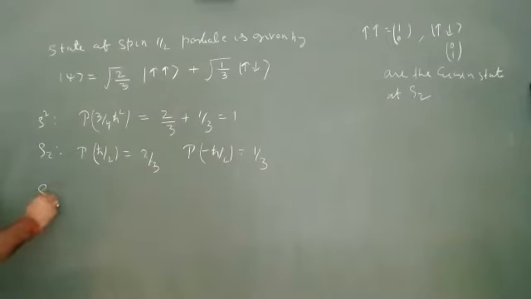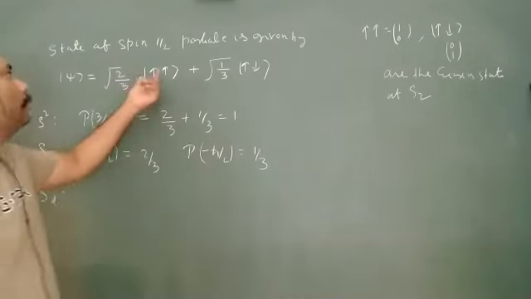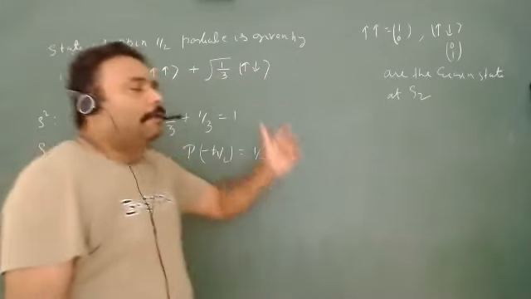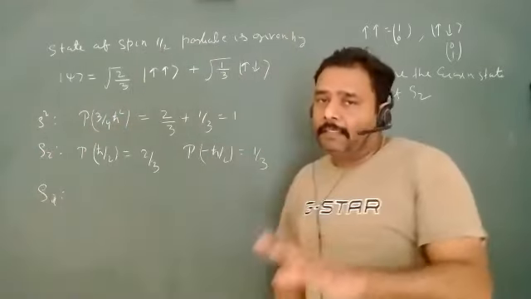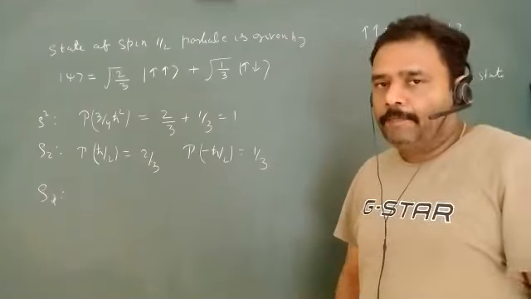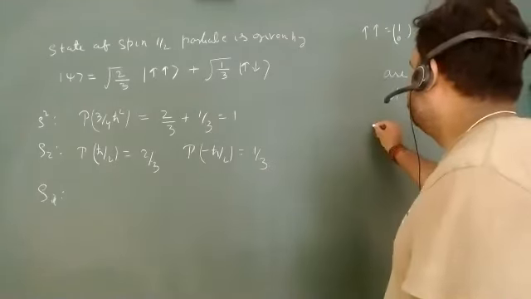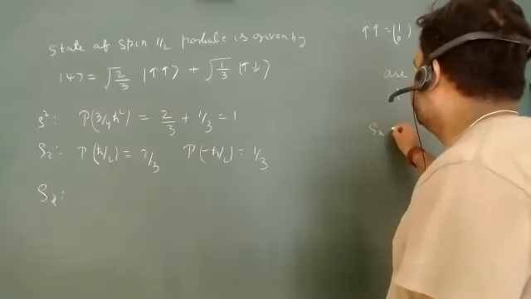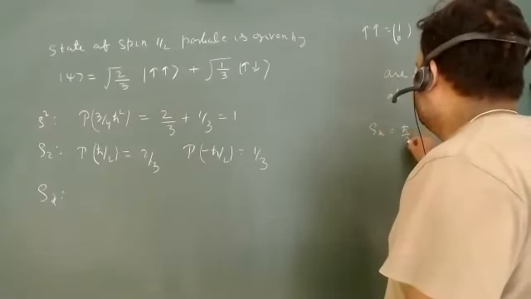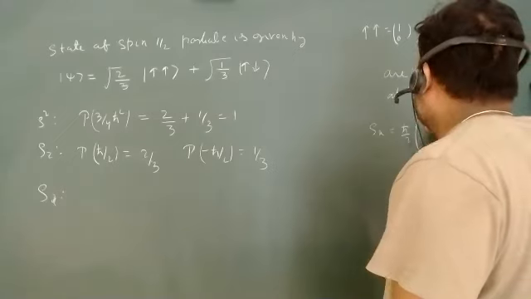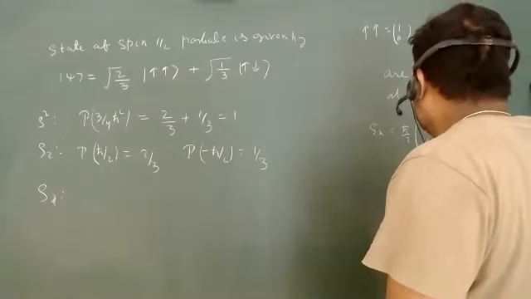So how will you measure the Sx? There are two ways. Either you write up and down in the basis of eigenstates of Sx. So Sx is nothing but h cut by 2 times the matrix 0, 1, 1, 0.